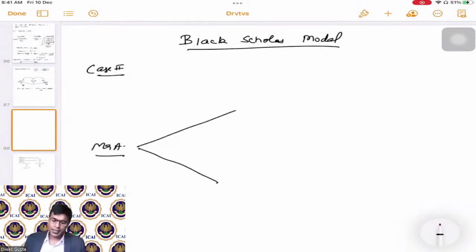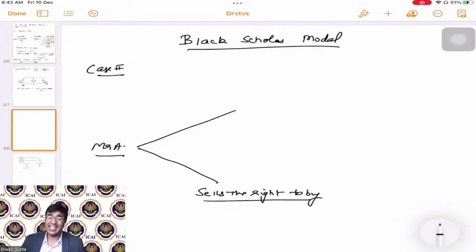Case 2 was he purchases. So first of all, he sells the right to buy. Correct? Which is, he's selling the right to buy. That means he's writing. He's doing a short call option. He's selling the right to buy.